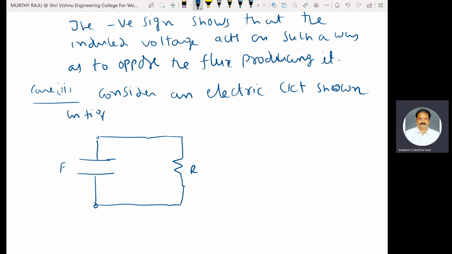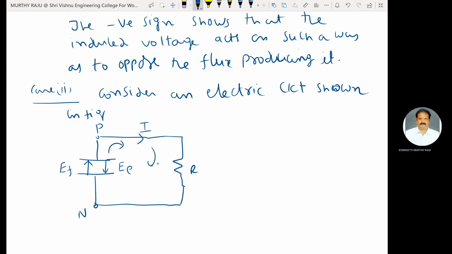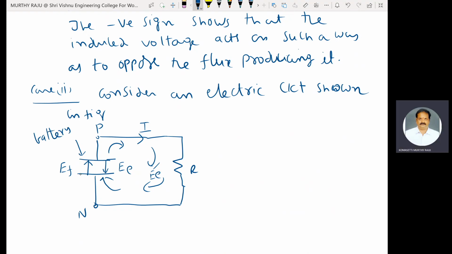This one is the battery. The battery is a source of EMF.